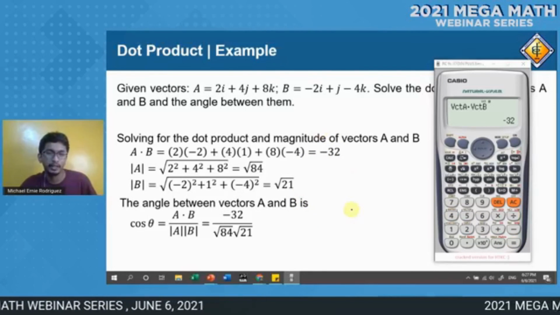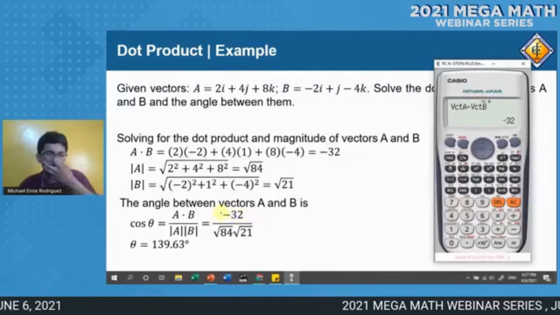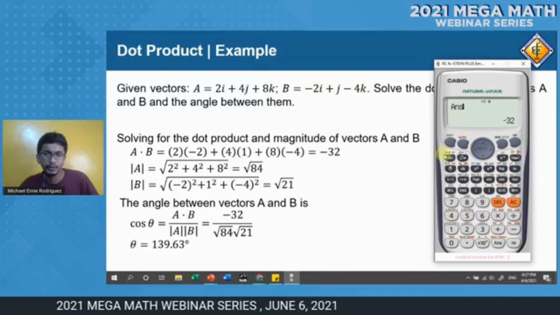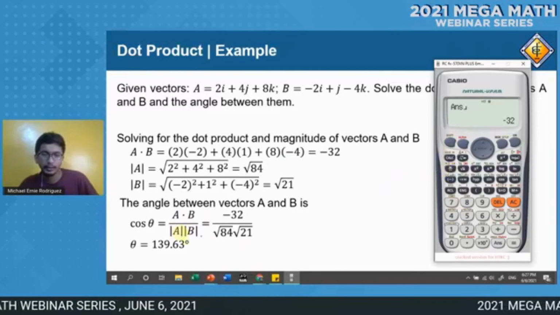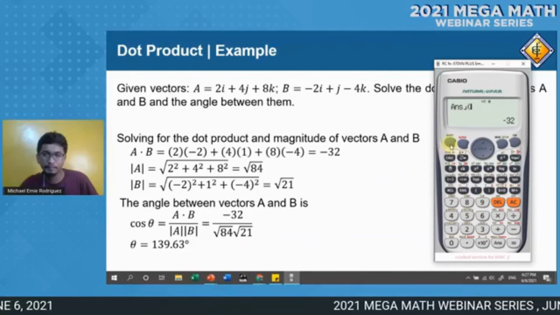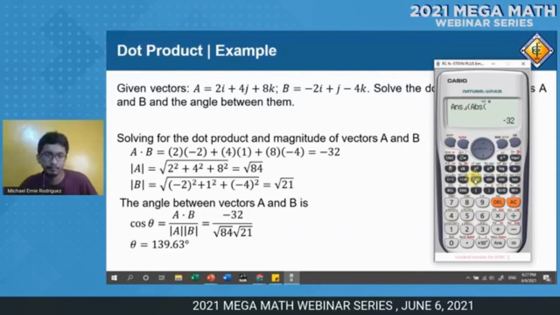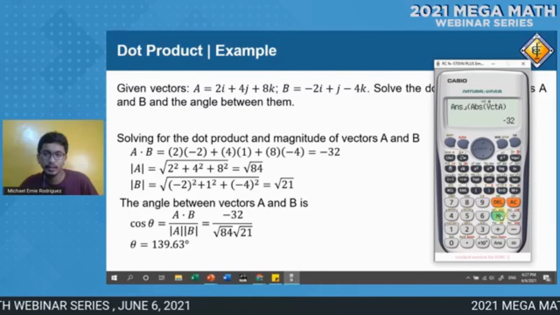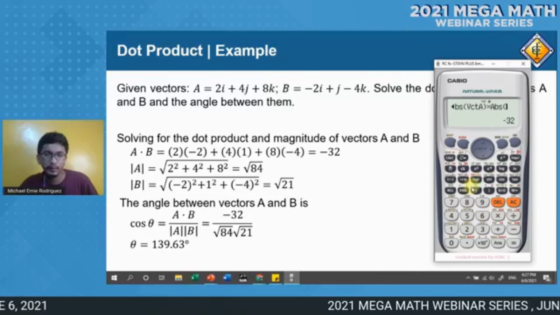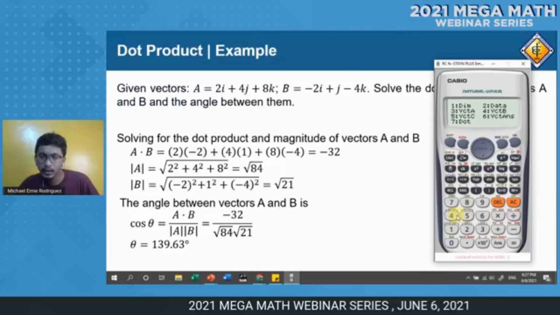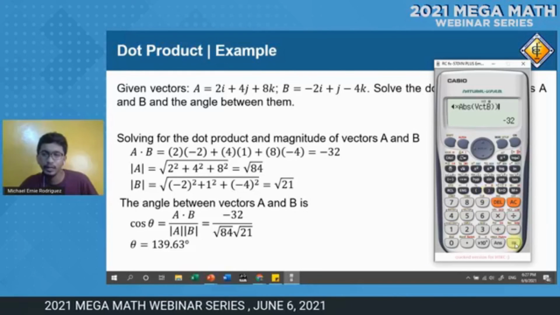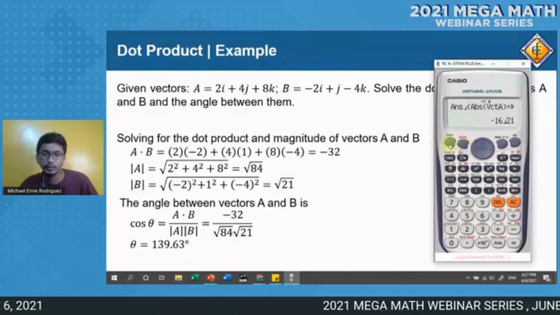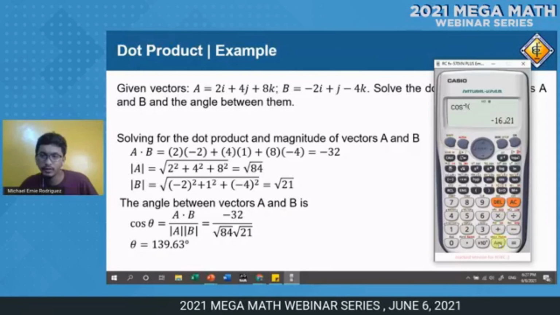And then the angle between the vectors: we have negative 32 divided by the absolute value of vector A times the absolute value of vector B. This is our answer, and then we get the arc cosine of that.